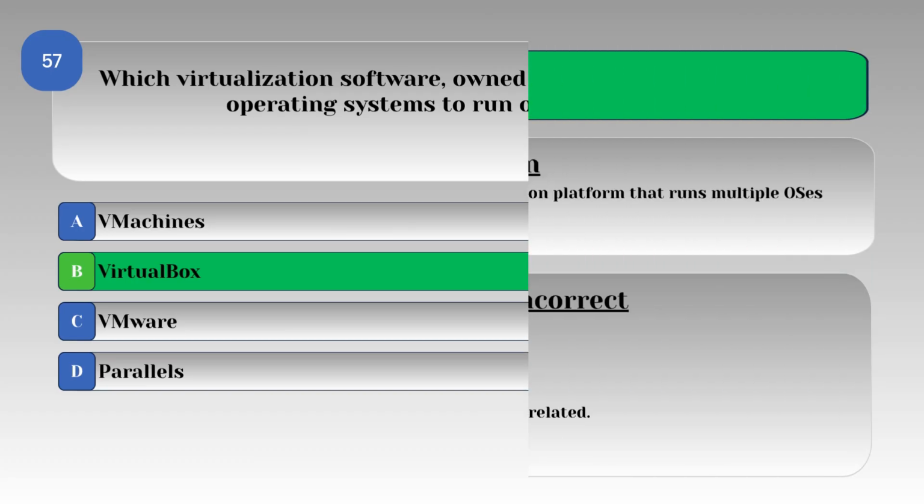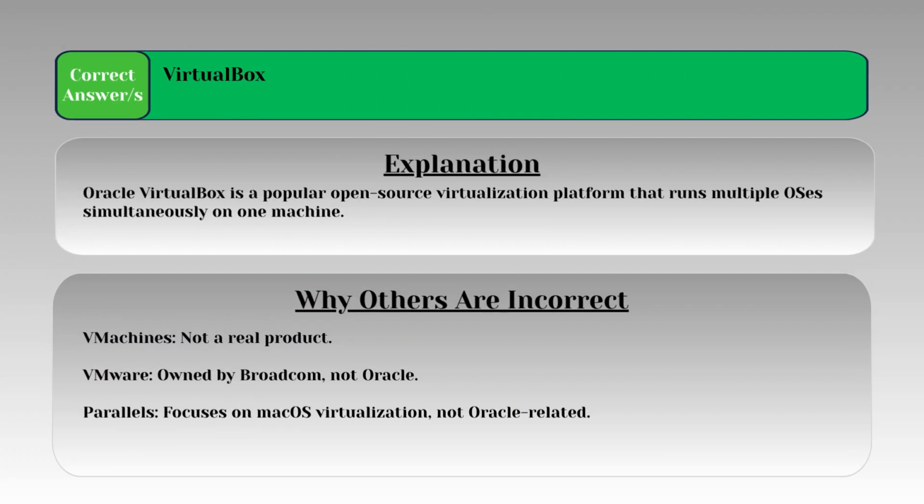Explanation: Oracle VirtualBox is a popular open-source virtualization platform that runs multiple IaaS simultaneously on one machine. Why others are incorrect: vMachines, not a real product. VMware, owned by Broadcom, not Oracle. Parallels, focuses on Mac OS virtualization, not Oracle related.